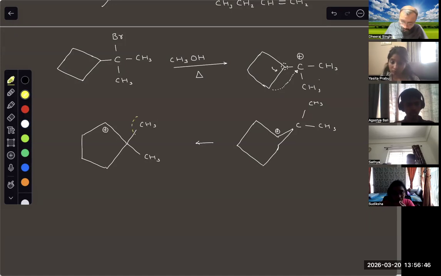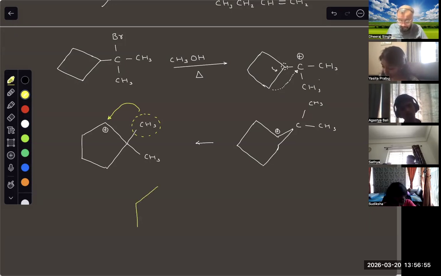This methyl, you can see, can shift, and this will generate CH3, CH3 plus.